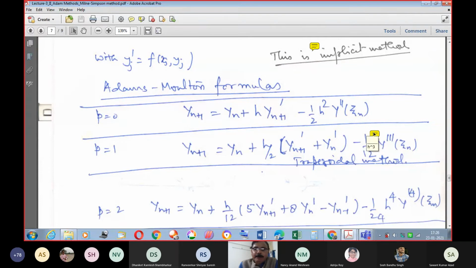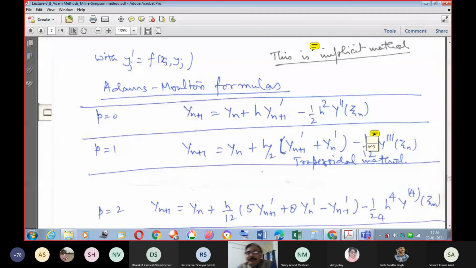I'm not writing h and other things. How do you find the area of a trapezoid? Trapezoid, do you remember? Okay, you have to revise all those things. You have to revise all those things.